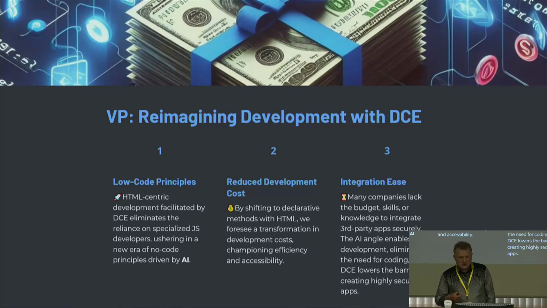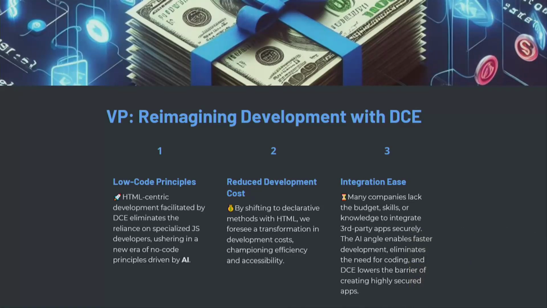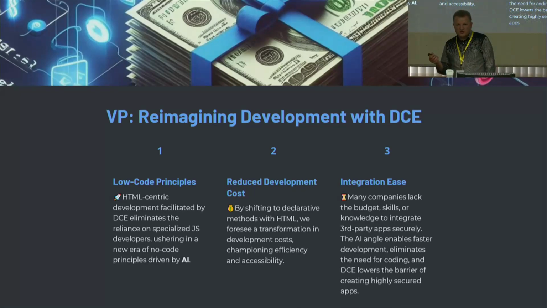Declarative syntax gives the low-code principles. So it eliminates the reliance on specialized JavaScript developers. In this case, the no-code principles driven by AI will be more straightforward. So I would expect that the number of web applications created by the non-programmer crowd will increase significantly.